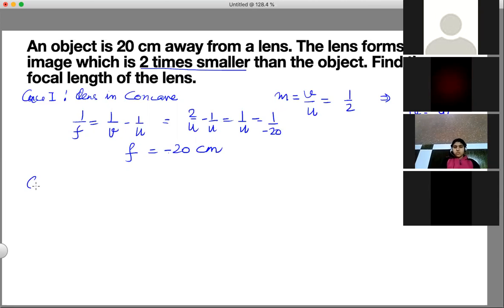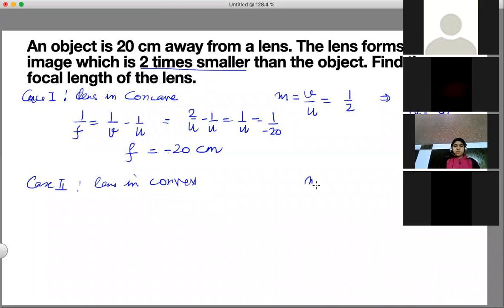Okay. Now case 2. Lens is convex. Okay. In this case, again, how do we do this now? The lens is convex.